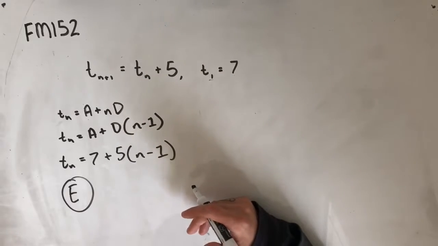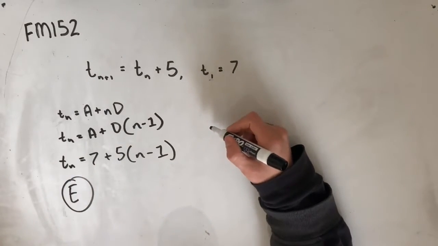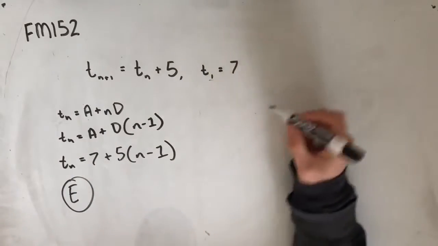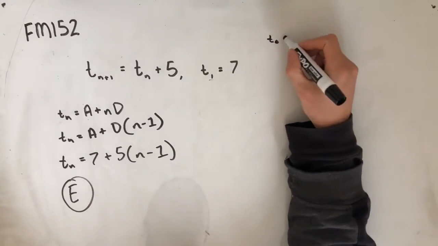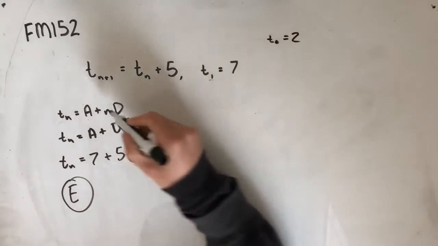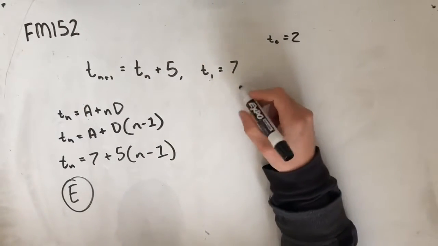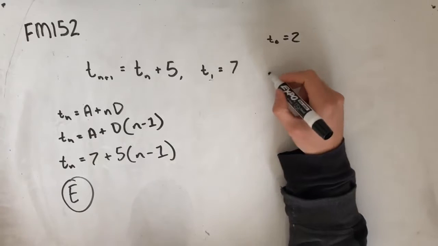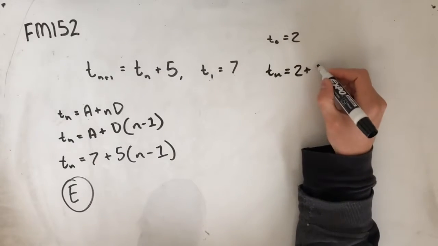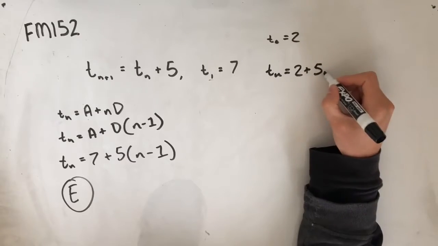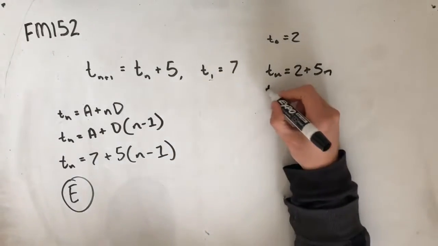Now, if we were to have a value of T0, so let's pretend that we had, in this sequence, a value of T0, that T0 would be 2. So if we were to apply that to this equation here, we would have an nth rule of Tn equals 2 plus 5n, which would mean that if we were to put a 0 in, we would find T0.